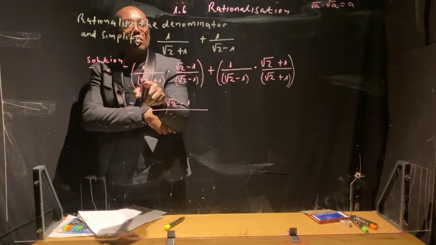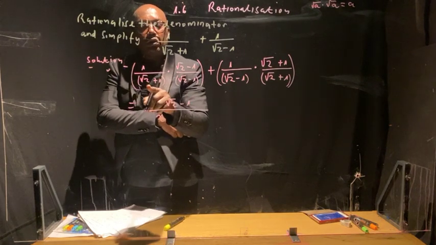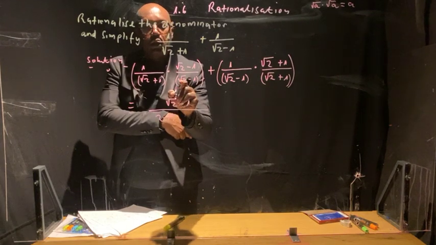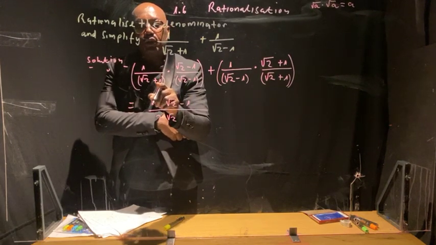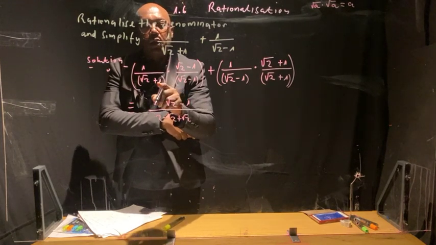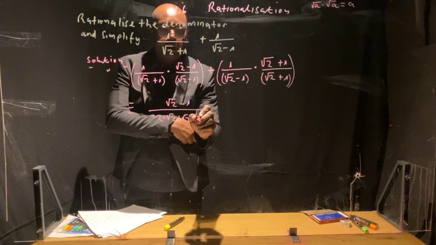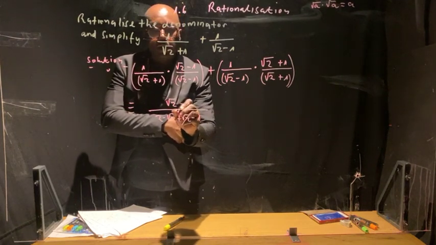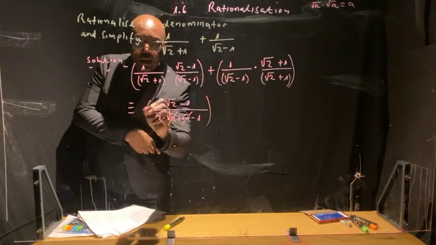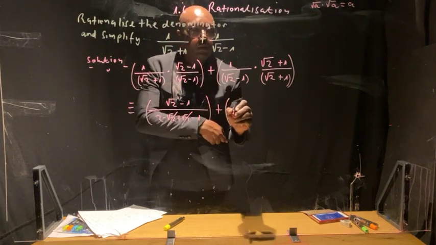So root 2 multiplied by root 2 is equal to 2. Root 2 multiplied by minus 1 is minus root 2. Root 2 multiplied by 1 is plus root 2. 1 multiplied by minus 1 is minus 1. This one will cancel this one. Then the bracket, don't forget, is here, and the plus sign is there. And we are dealing with another one.